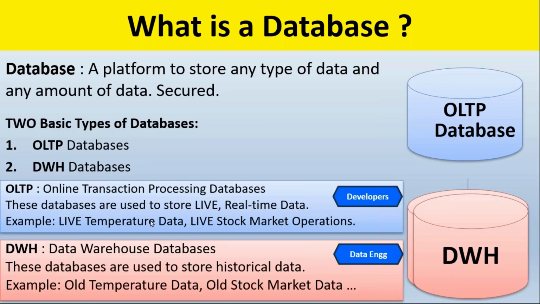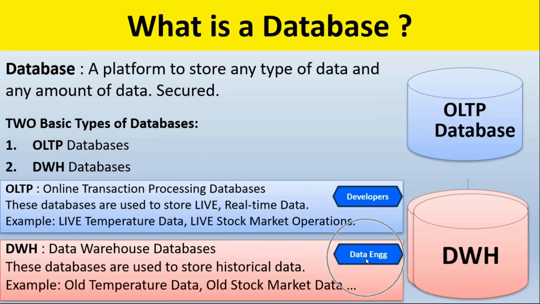The other one, data warehouse, is like a godown. OLTP is like a showroom. Data warehouse is like a godown. A database to store historical data, inactive data, like old temperature data, old stock market activities, anything old.